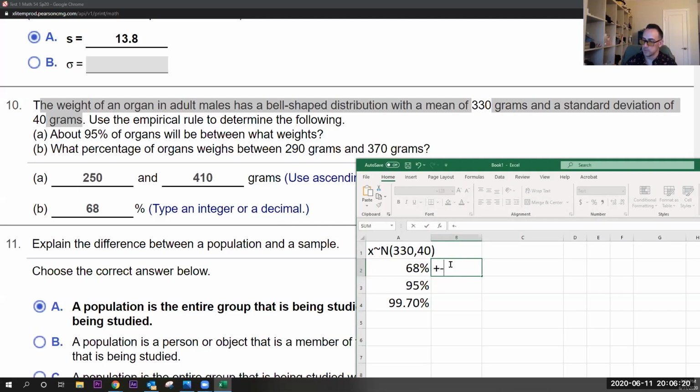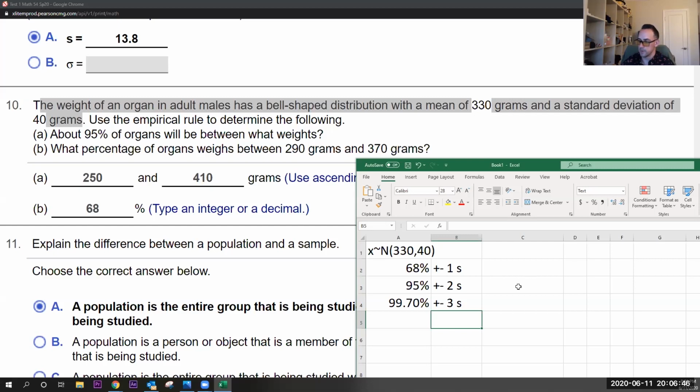But anyways, this is plus or minus 1S, this is plus or minus 2S, this is plus or minus 3S. So to find the range, you have to take the mean and add 2 standard deviations and subtract 2 standard deviations, right?